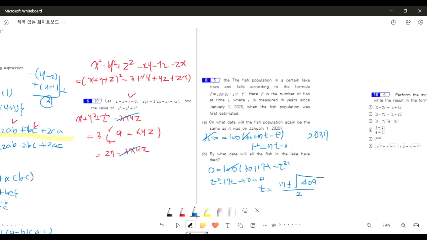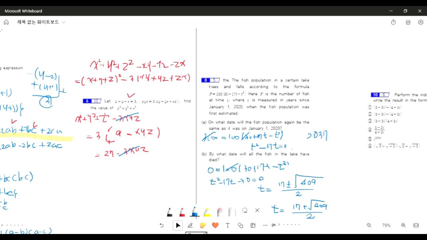So the answer is t equals 17 plus the square root of 409, divided by 2, because things like the number of fish cannot be negative numbers. So t is (17 + √409)/2. Okay.